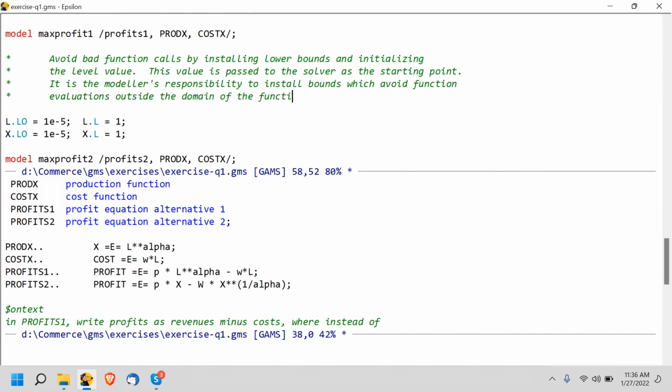Right? It's your job. So if you hand the model to GAMS and it croaks and says I can't solve it, it's not its problem. If you haven't given it a good starting point, that's your problem.